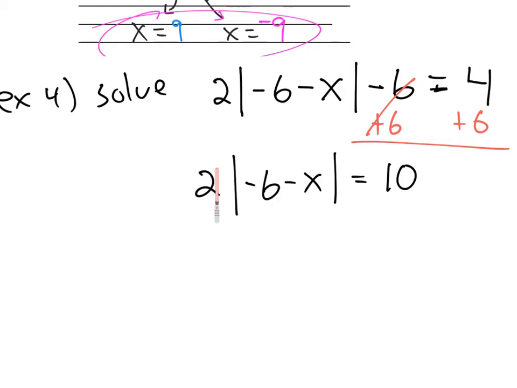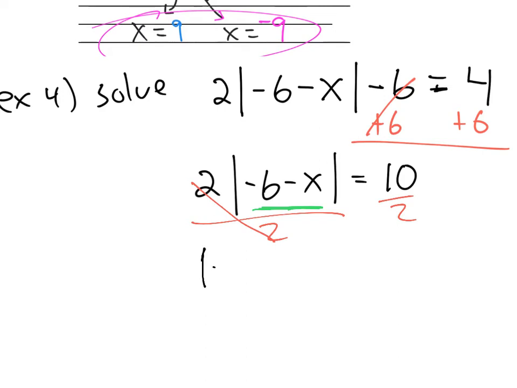If you distribute, you start changing the inside, and that's against our solving rules with absolute value. This has to stay the same. So instead of distributing, get rid of the 2 by dividing both sides by 2. We're undoing that stuff away from the group.